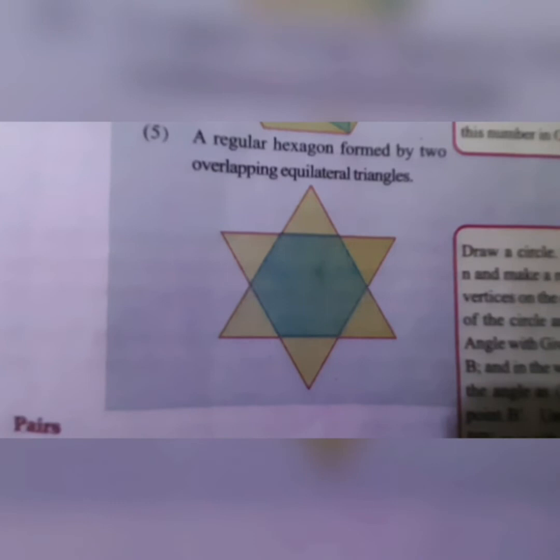Next we can do question number 5. Question 4 we can do after this. A regular hexagon formed by overlapping equilateral triangles. What is the probability of the dot lying in the shaded part?